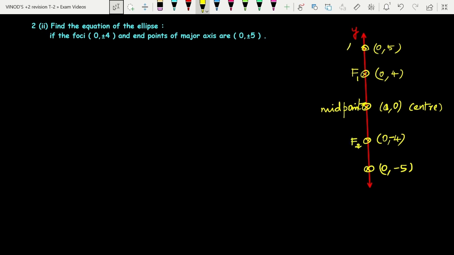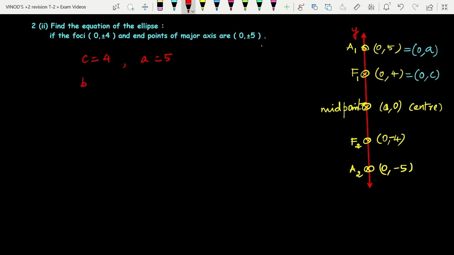The vertices are (0, 5) and (0, -5). So it's a vertical ellipse. First we compare the focus (0, 4) with (0, c) and the vertex with (0, a). So you can see that c is equal to 4 and a is equal to 5.